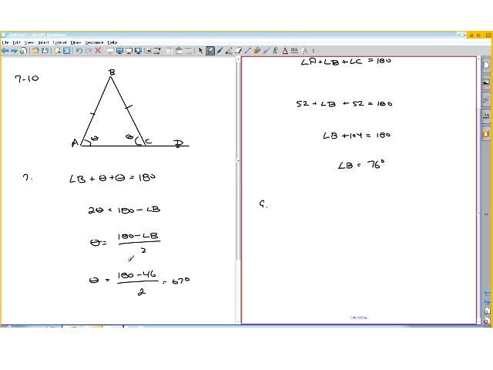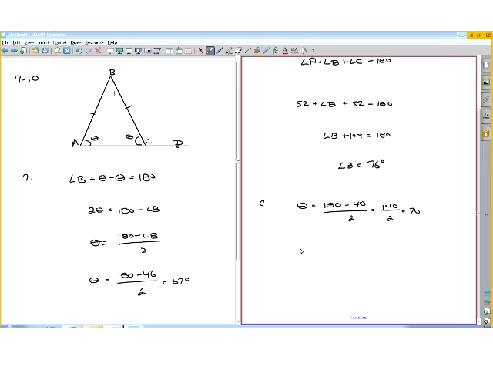So the first thing we're going to do is figure out theta again. We can just use this equation. So theta is equal to 180 minus angle B, which in this case is 40, not 46. And we divide by 2, so that gives us 140 divided by 2, which is 70.